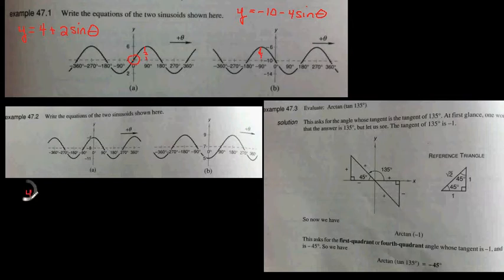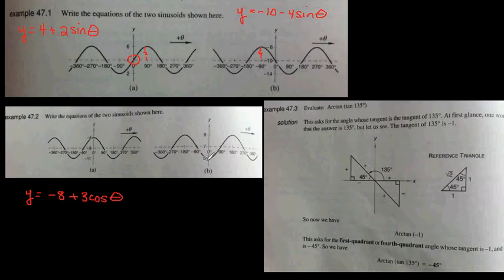So we're going to write y equals, the center line, that means it went down 8, is negative 8. The curve didn't flip. It's going the right way. The amplitude is 3. From negative 5 to negative 8 is 3. So it's just going to be plus 3, and then you have to identify that it's the cosine of theta.